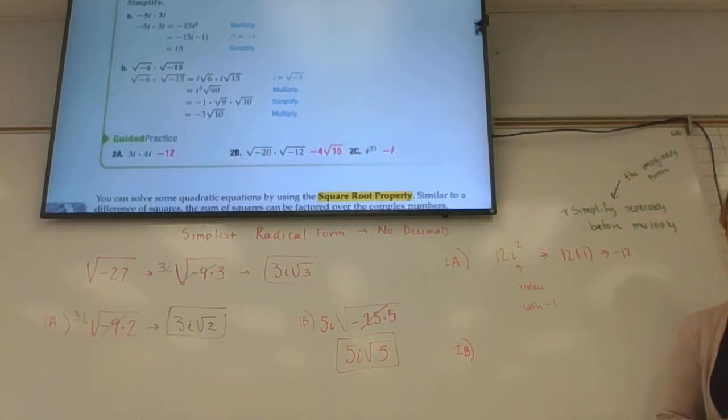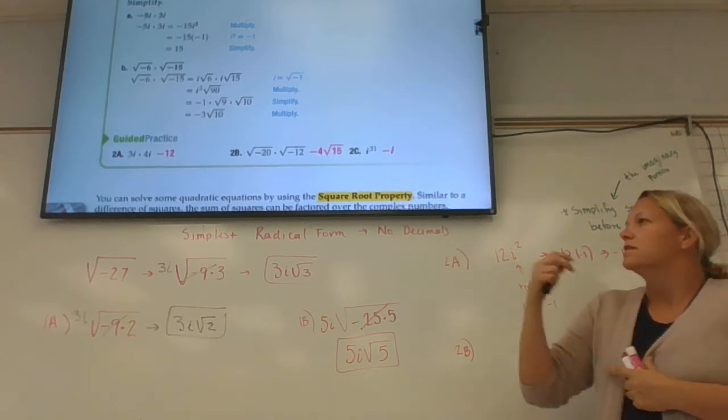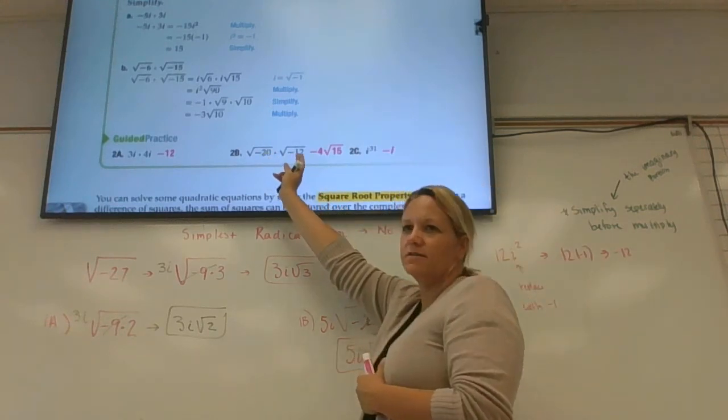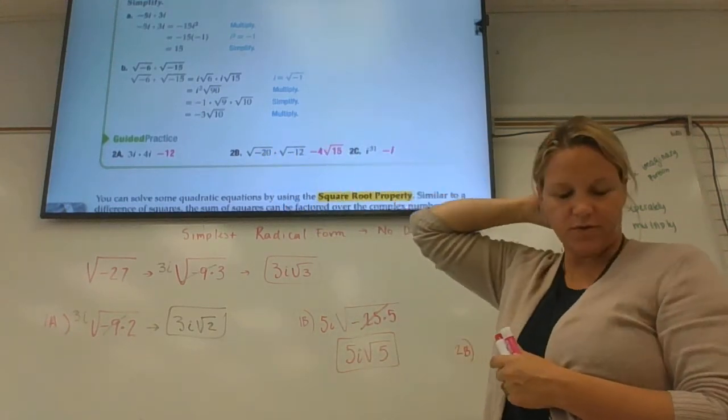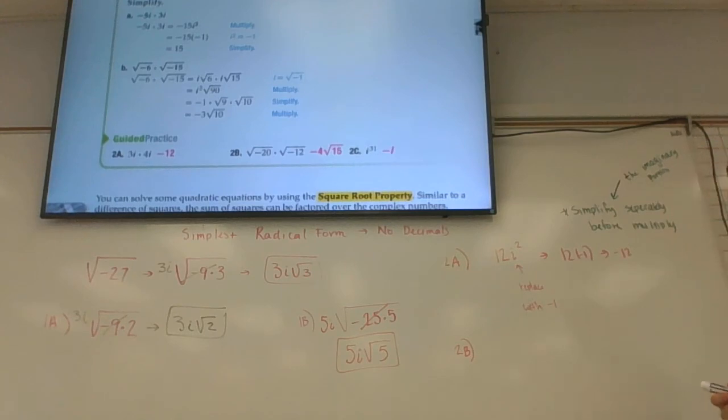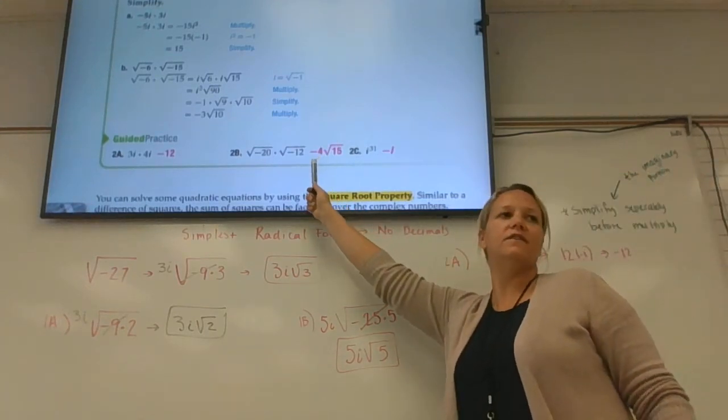2b, there's a lot of ways to mess 2b up. The main one is to multiply. What's 20 times 12? Did anybody do 20 times 12? What's 20 times 12? 240. Right. So your answer doesn't have a negative in it.